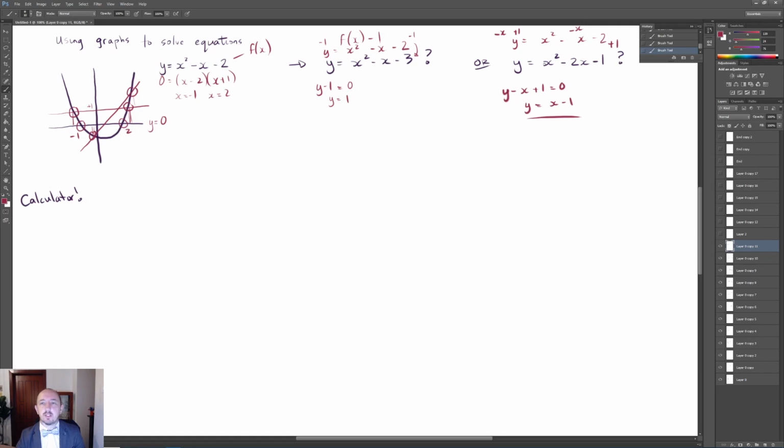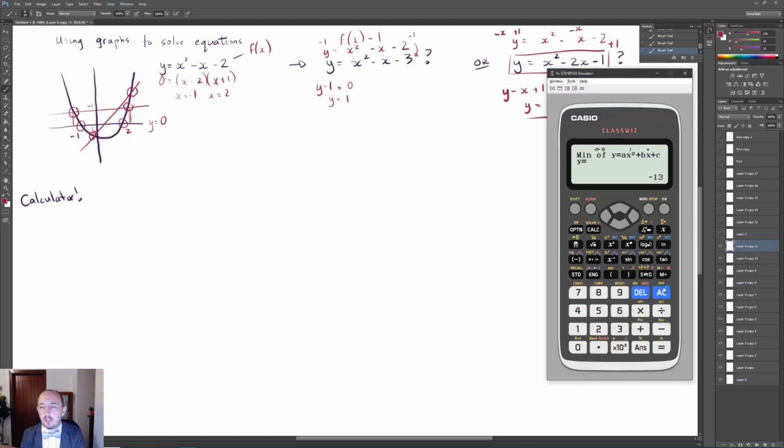But before I draw that, I would actually put this into my calculator. Okay, y equals x squared, 1x squared, negative 2x, and negative 1, and I get 2.41 and minus 0.41.